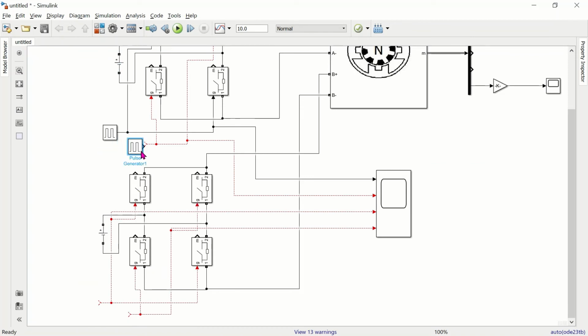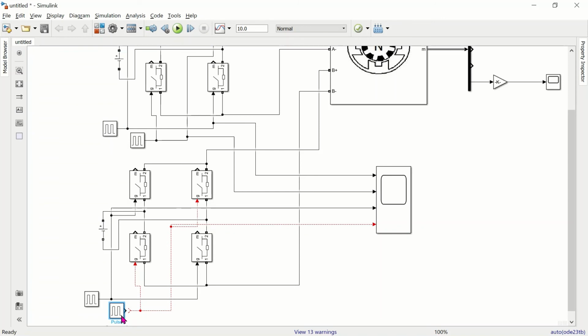I want to use the same parameter, so I just copy. Now I can change here.